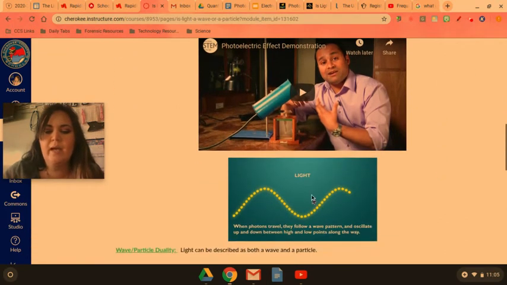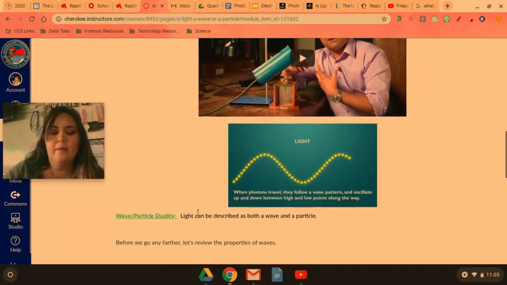I've given you a picture of what Einstein meant. Each particle is going to be moving in a wave-like pattern, just like in the ocean, where you have your crest and your troughs. Light also travels in that direction. This is the wave-particle duality, meaning that light is both a wave and a particle.